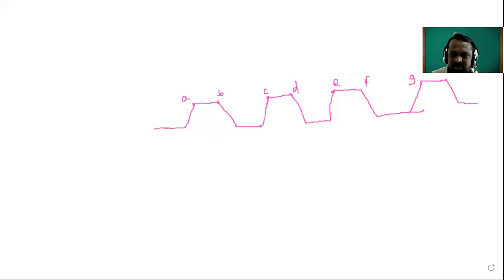Then G and H. Again, I will draw the center point here. Now we can understand the concept of the pitch.